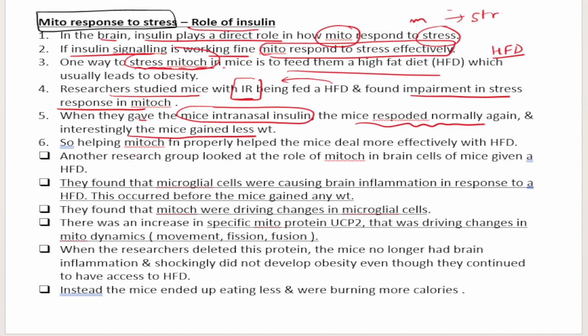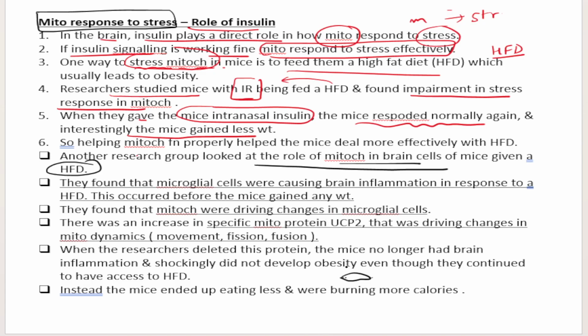Then another research group looked at the role of mitochondria in the brain cells of mice who were given a high fat diet.